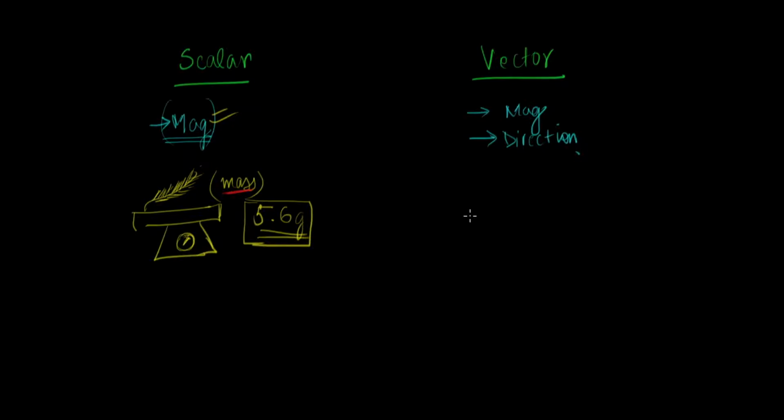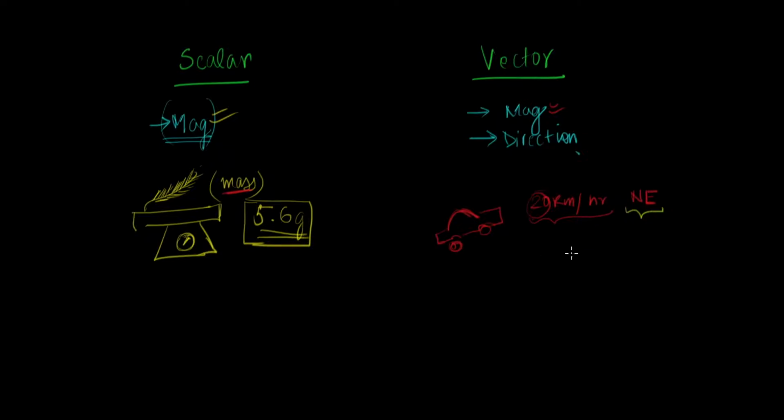For example, here's a car, moving in a particular direction, say with a speed of 20 kilometers an hour in the direction of northeast. Then the speed is given by the number, and that is what we call the magnitude. So the magnitude of this car's motion is 20 kilometers an hour, which tells us how fast the car is moving, how strong its movement is.